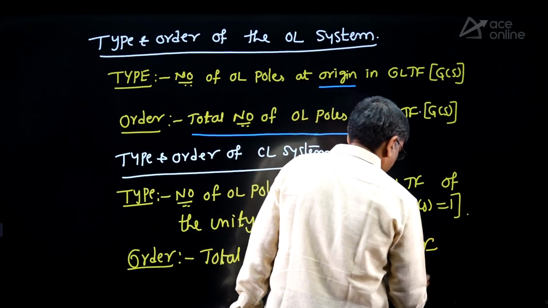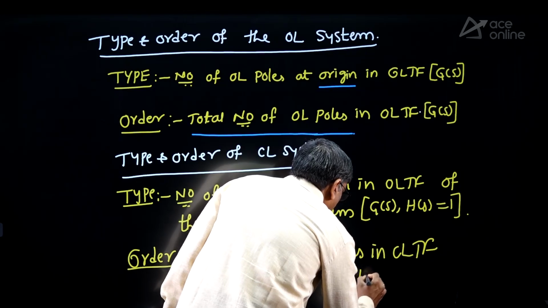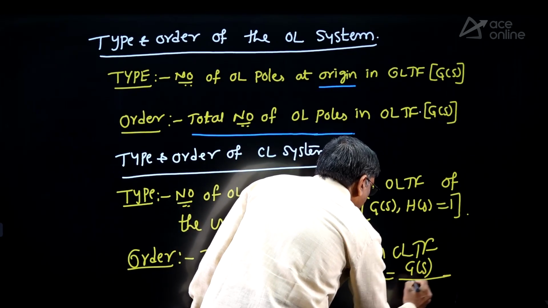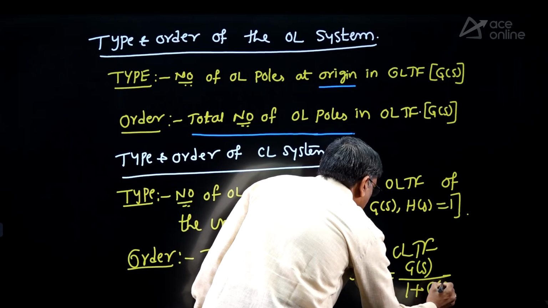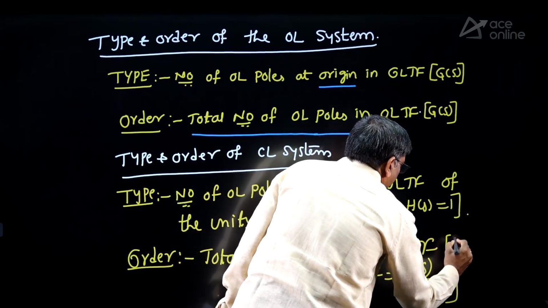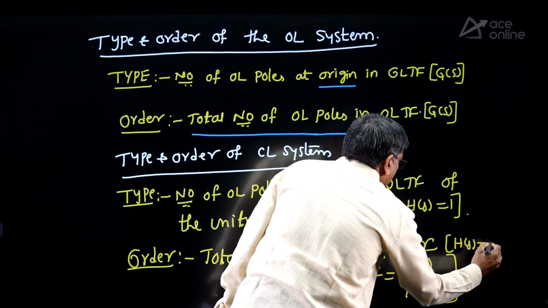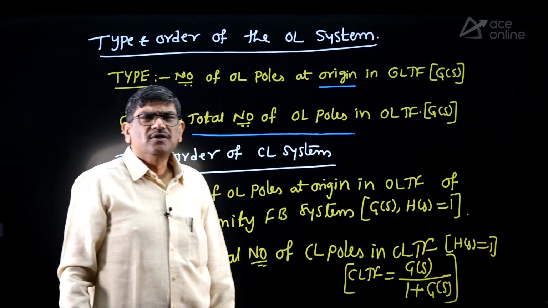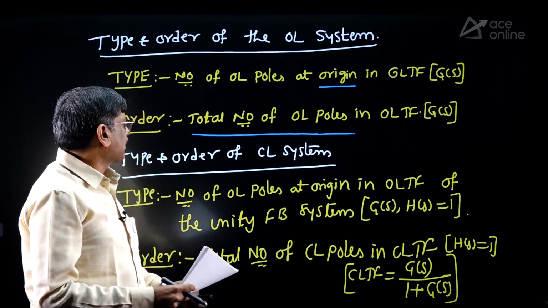The closed loop transfer function is G of S by 1 plus G of S, and from this you have to get the order, where H of S must be equal to 1. Okay? So like this, you have to get the type and order.